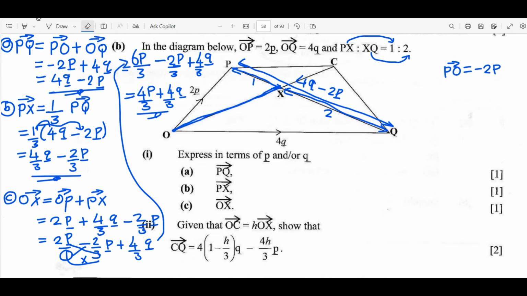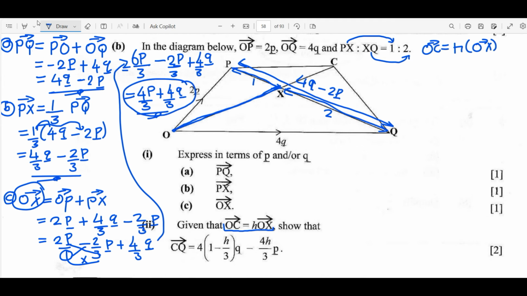Let's move on to question Roman number 2. So for this one, we have 2 questions. The first one, we need to find this expression here. Given that the vector OC is the same as you multiply H with the vector OX. So the question is, do we have the vector OX? So the vector OX is this vector that we have found here. So this is what we are now going to substitute.